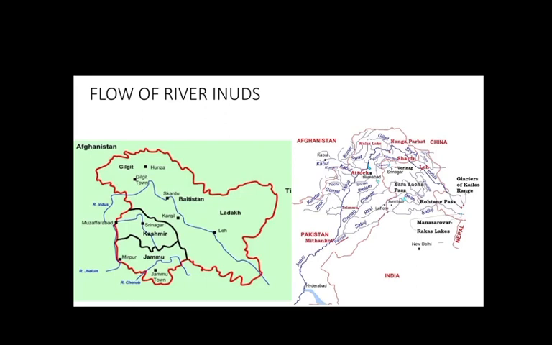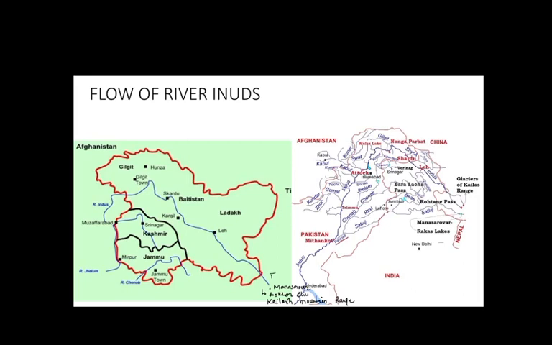So the river Indus originates in the Tibet region, that is the Manasarovar region, and the exact origin is the Bokhar Chu glacier, which is in Manasarovar and in the Kailash mountain range. So this is where Indus originates.